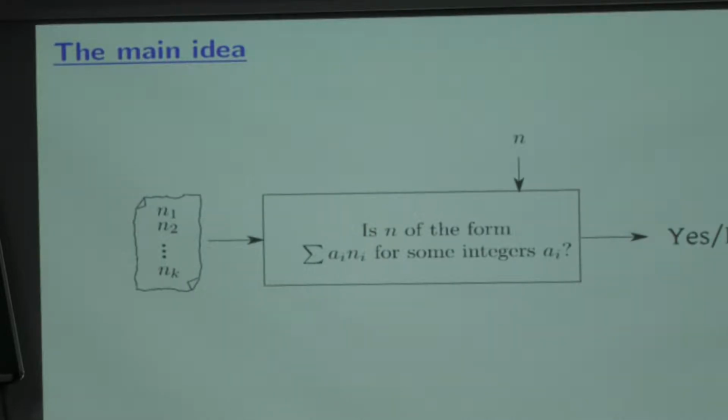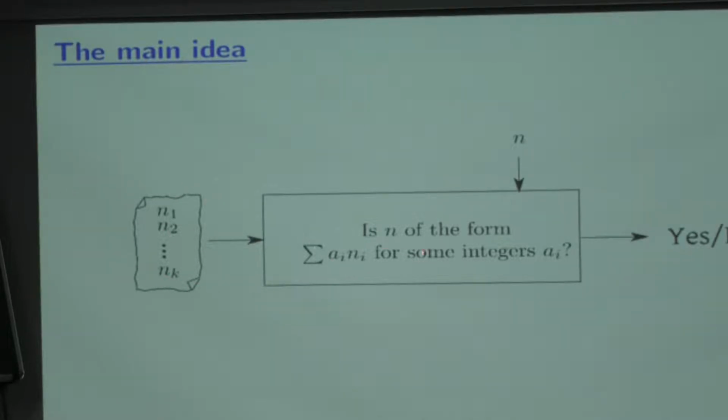So the idea was this, that you were given some containers, some integers, N1 to Nk, and you are also given a particular amount to measure. So in our example, it was 4 and 6, and this was say 5 or 14 or whatever. And the question was, can you measure n using these containers?